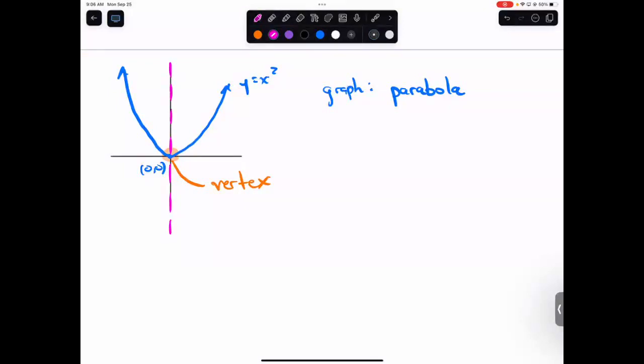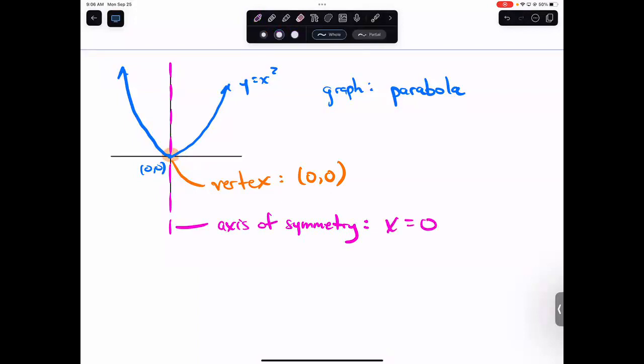This line that runs down the middle is called the axis of symmetry. So for this one in particular, the vertex is 0, 0, and the axis of symmetry is the vertical line that runs through 0, 0, which we would write as x equals 0. And again, that's because that's a vertical line.